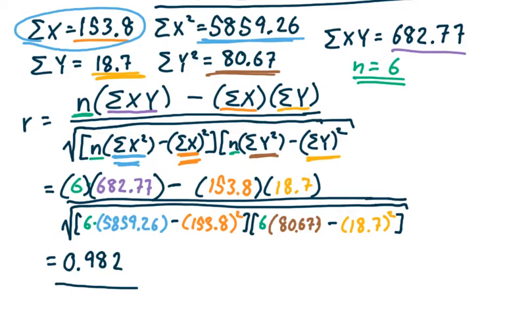The closer it is to +1, the stronger the linear correlation in a positive sense, meaning as you increase the one, the other increases as well. The closer that value is to -1, that indicates a stronger negative linear correlation.